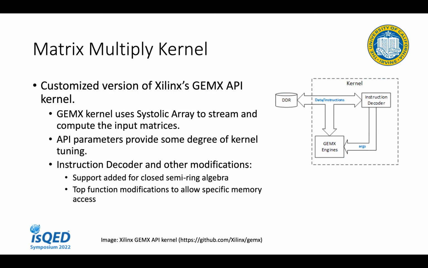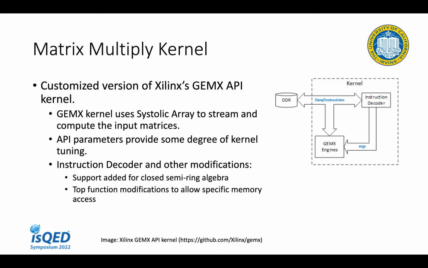For our matrix multiply kernel, we've used Xilinx's own general matrix multiply library. The kernel in this library uses a systolic array to stream the input matrices and compute the result of the matrix multiply operation in a highly efficient manner.